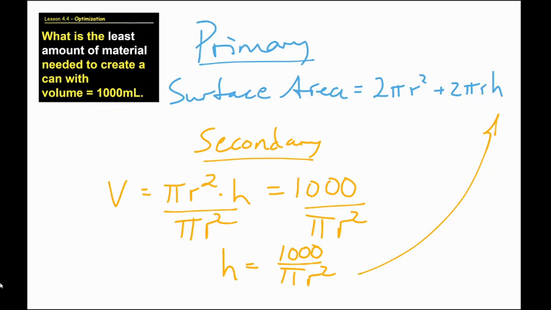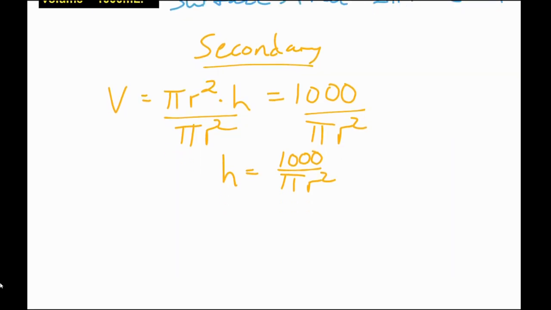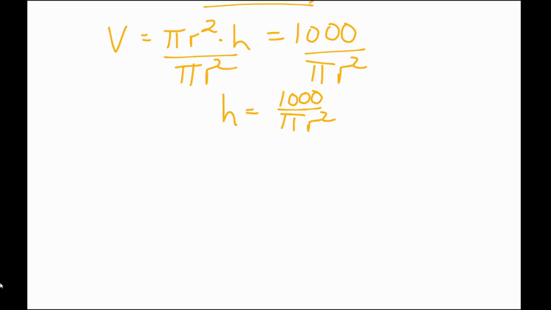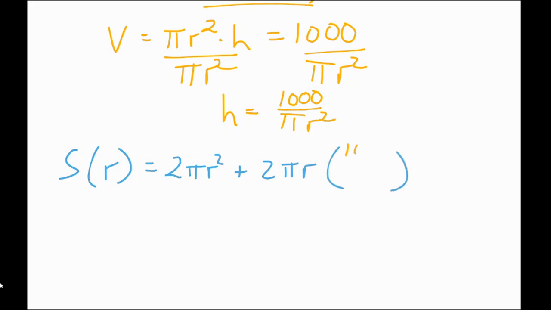And of course, when we do that, we're going to end up with an equation that is in terms of just r. So let's make a surface area formula. We'll call it S of r for surface area in relationship to r. It's still going to be 2 pi r squared. Nothing needed to change there. And it's still 2 pi r, but now we're going to multiply it by h. And of course, h is this 1,000 over pi r squared.